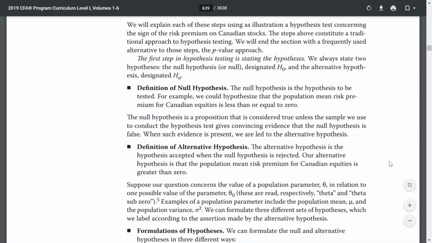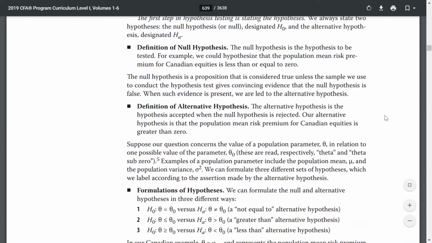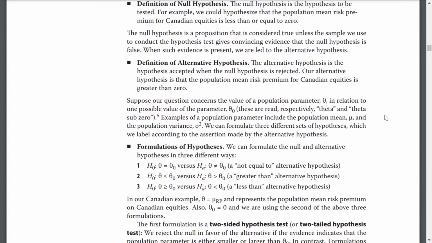When such evidence is presented, we are led to the alternative hypothesis. Definition of alternative hypothesis. An alternative hypothesis is the hypothesis accepted when the null hypothesis is rejected. Our alternative hypothesis is that the population mean risk premium of Canadian equities is greater than 0.